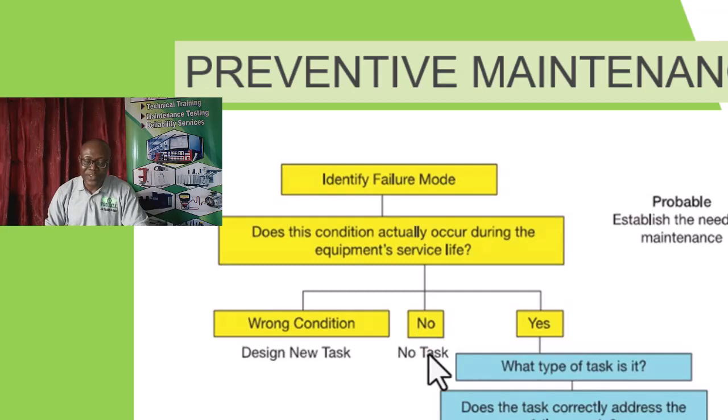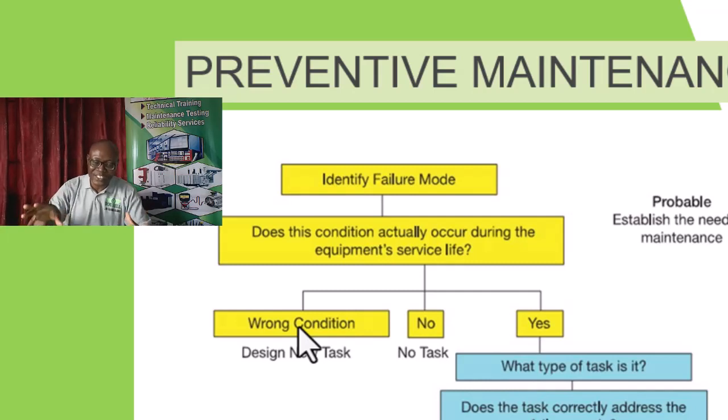Or a very wrong condition was actually considered while designing that maintenance task. Are you getting it? So you need to consider the right condition, and that will help us to look at the right maintenance task. So if it is a yes, then we can look at what type of task is involved.